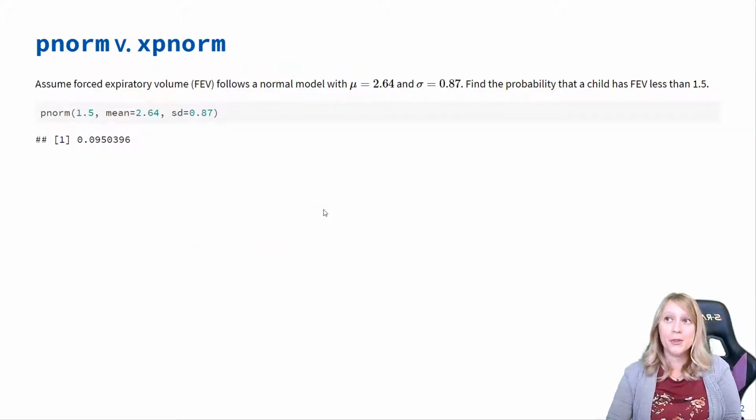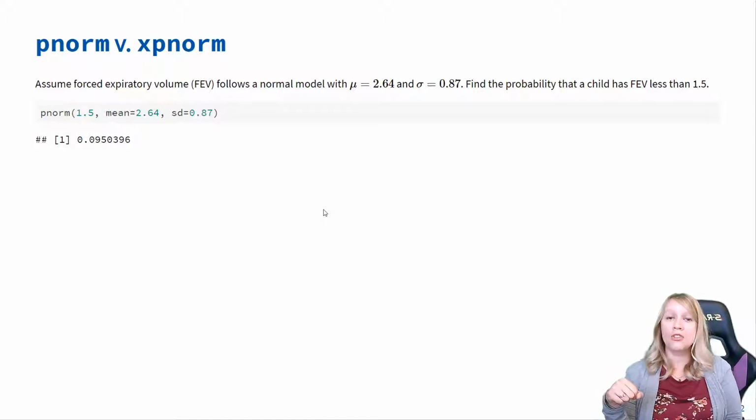So that's where I'll get my parameters for this normal model. Okay, so let's assume again that forced expiratory volume follows a normal model. We're assuming that the mean is 2.64 and that the standard deviation is 0.87. We'd like to find the probability that a child has FEV, or forced expiratory volume, less than 1.5 liters. In order to do this, we'll use the pnorm function in R because we want to find probability up to a particular point. 1.5 is the value of interest that we care about, so that's the first option.